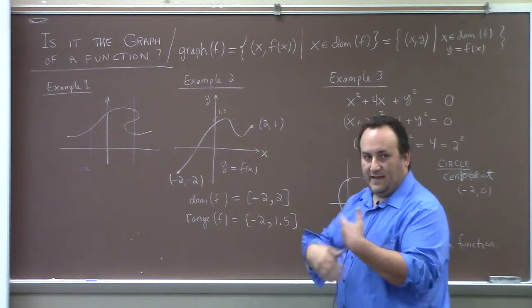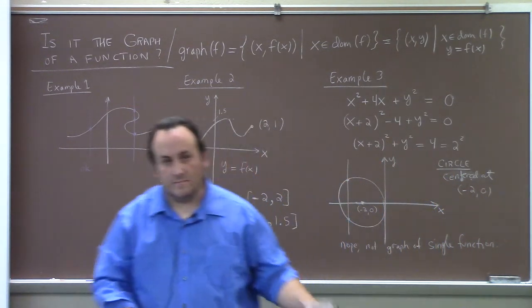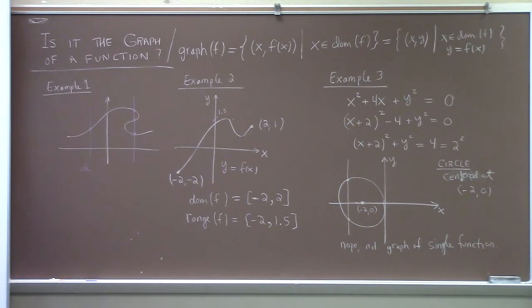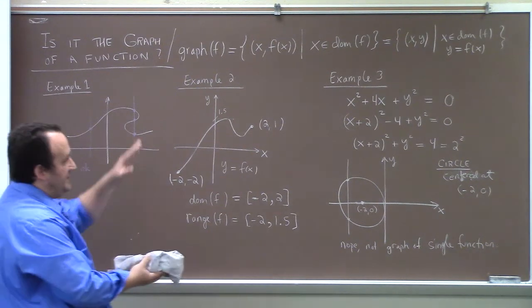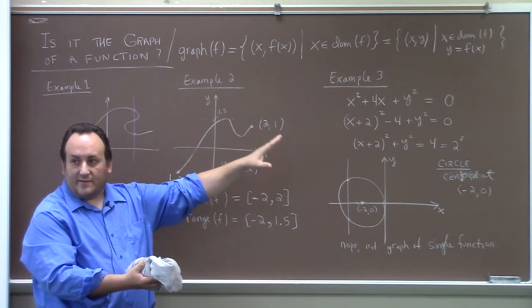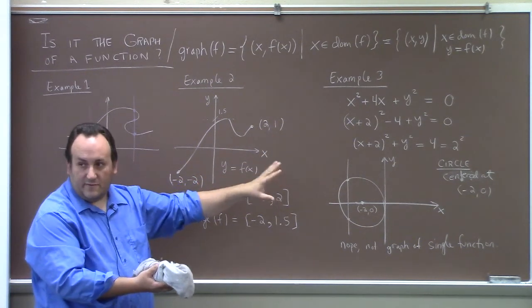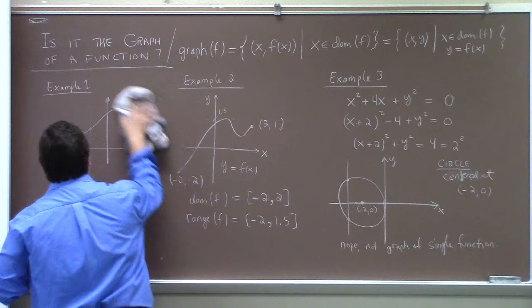So that's another way of understanding what the graph of a function is. We can solve for y equals f of x, where f of x is just one thing. So if I was to attack example 3 algebraically rather than graphically, how could I understand that this is not the graph of one function? How would I do it algebraically?